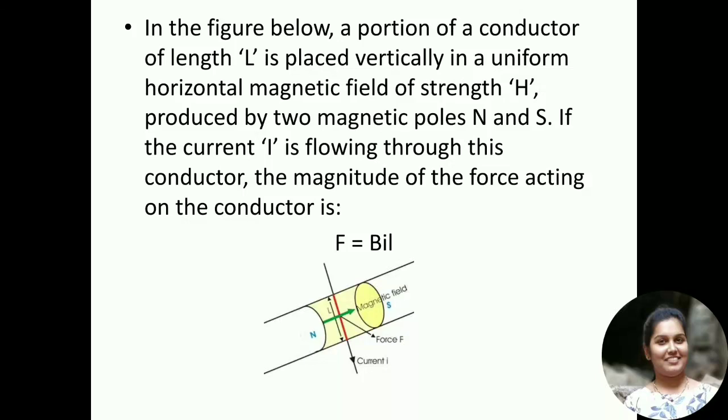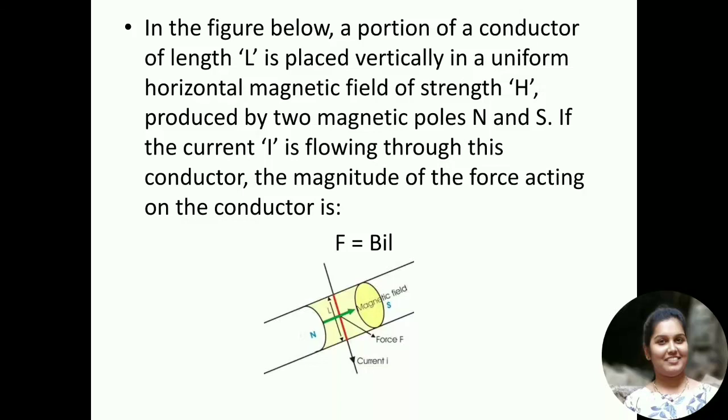In the below figure, a portion of conductor of length L is placed vertically in a uniform horizontal magnetic field of strength H, produced by two magnetic poles, north and south.